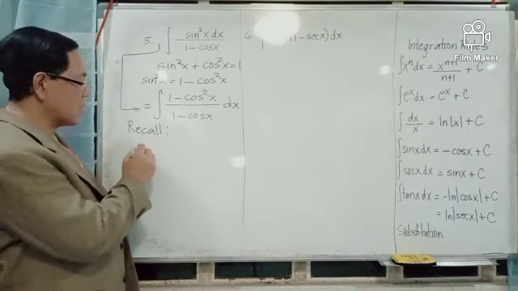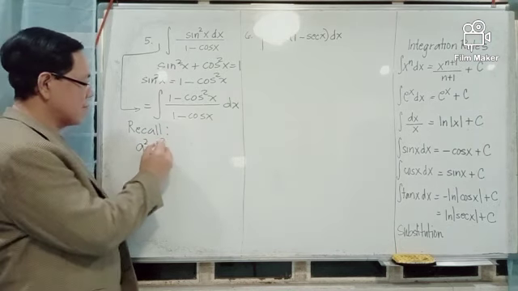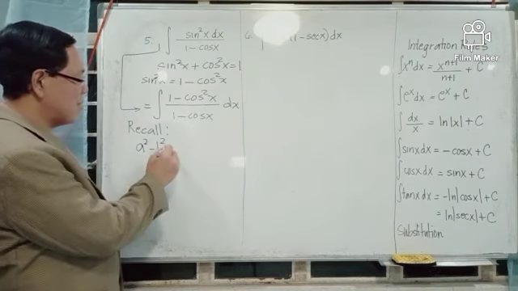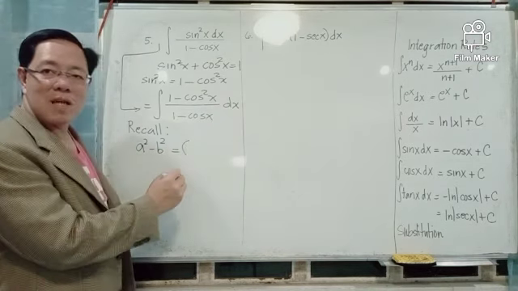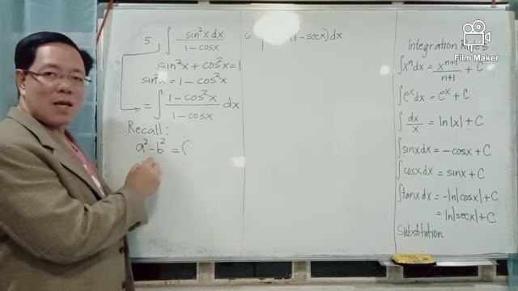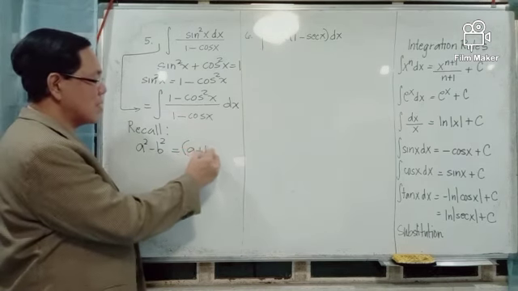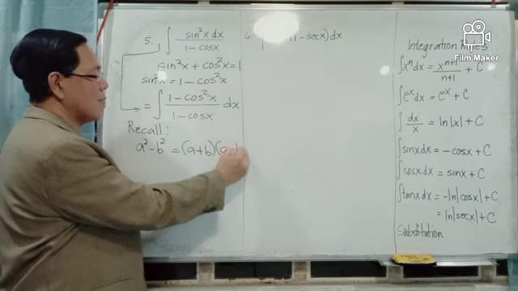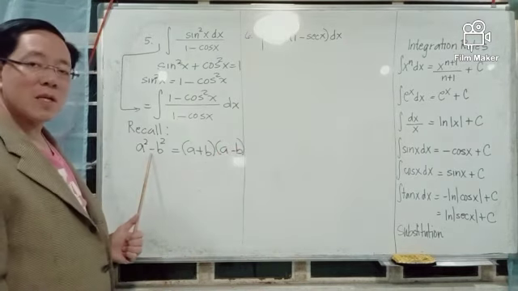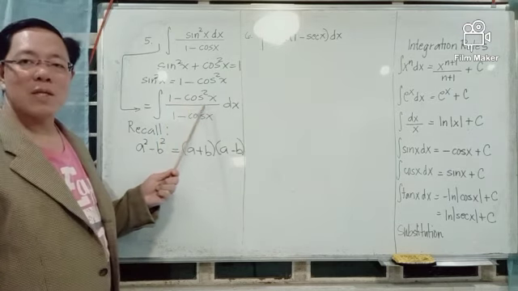According to this factoring rule, the difference of two squares, such as the difference of a squared and b squared, can be factored as the product of a sum and difference of a and b. Hence, a squared minus b squared is equal to a plus b multiplied by a minus b. And we apply this factoring rule for the difference of two squares to factor out 1 minus cosine squared x.